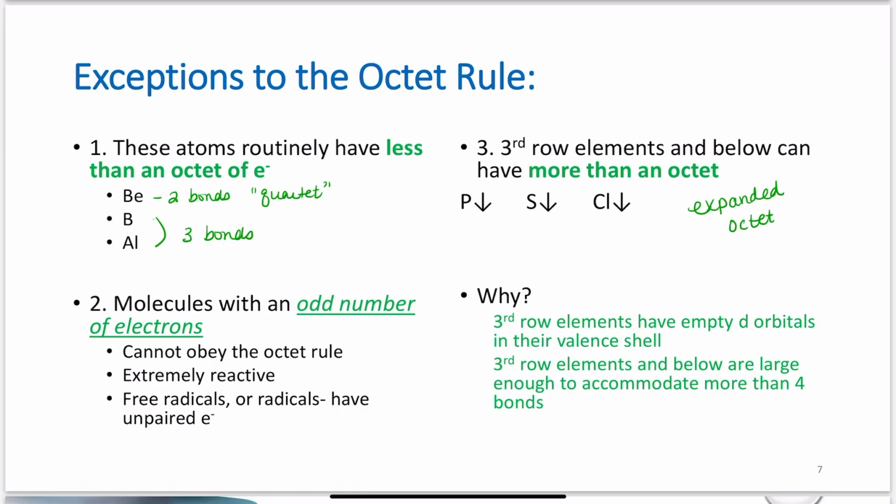So not only do they have empty d orbitals that the electrons can go into in their valence shell, but also the atomic size of the atoms themselves is large enough that it can accommodate more than four bonds. Below that, your n=2 energy level and above are so small they can't accommodate it.